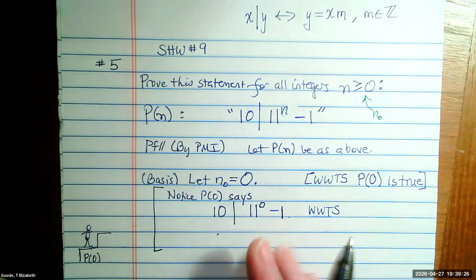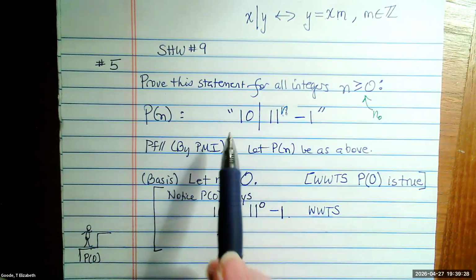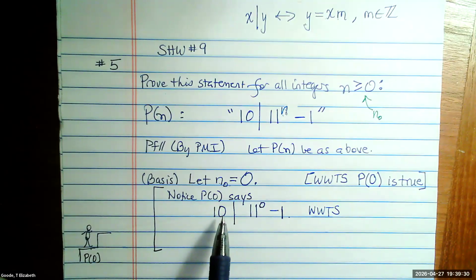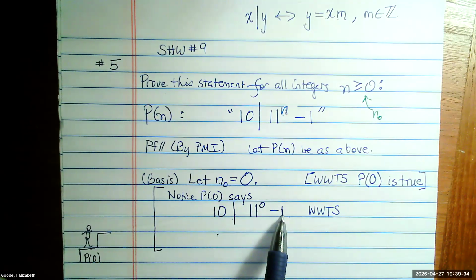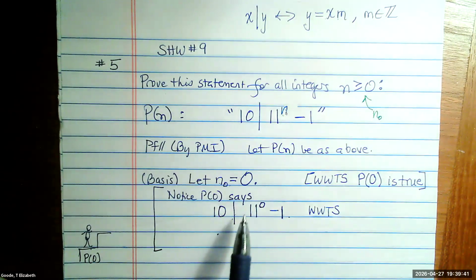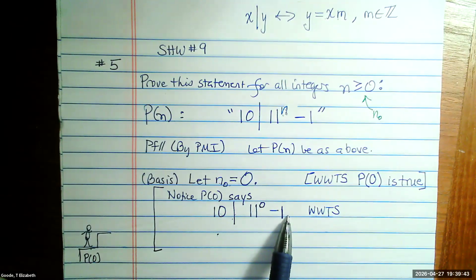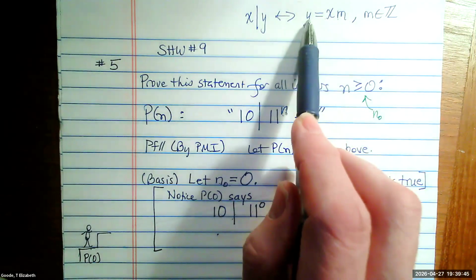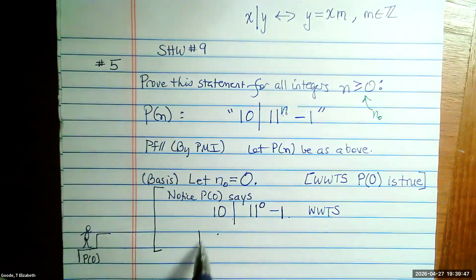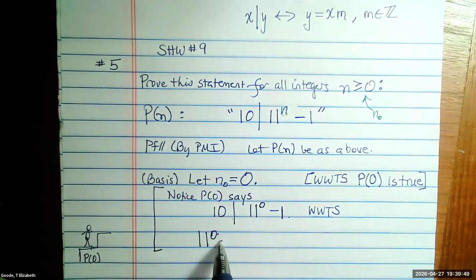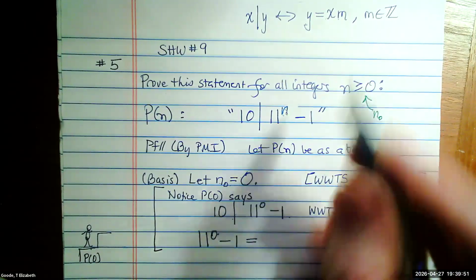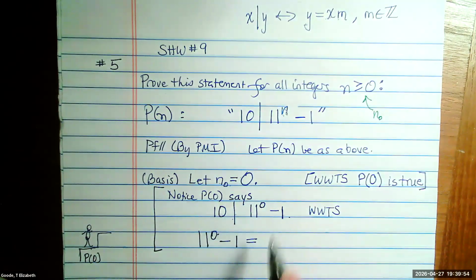That's what it means to say x divides into y. So if we want to figure out that 10 divides into 11 to the 0 minus 1, our x is 10, but our y is 11 to the 0 minus 1. So what we really wish to show is that the y, which is 11 to the 0 minus 1, is equal to a multiple of 10.